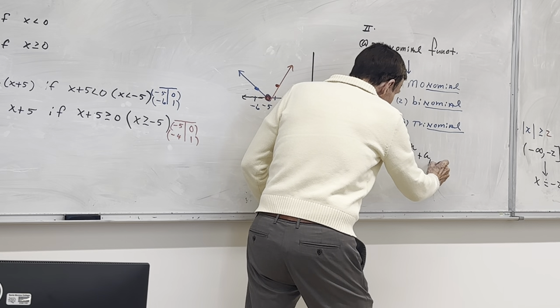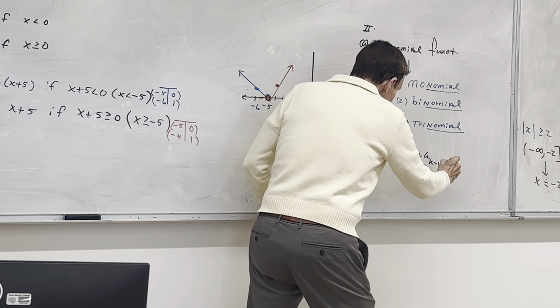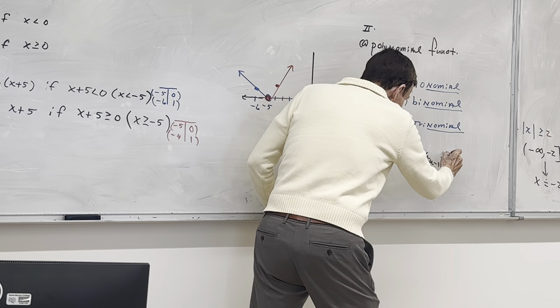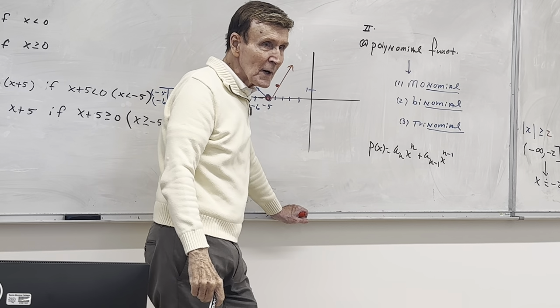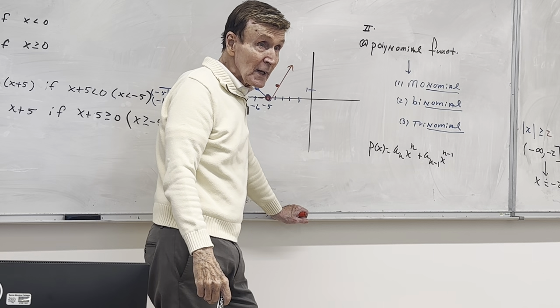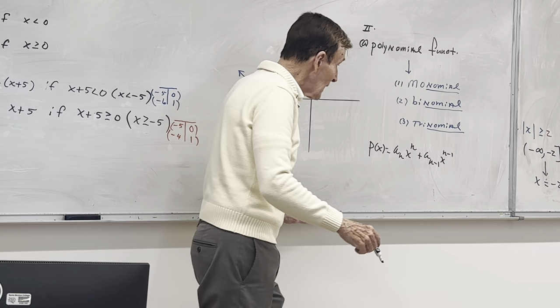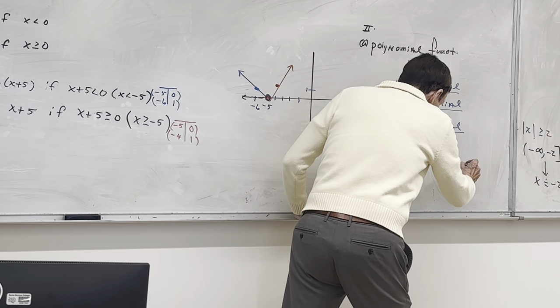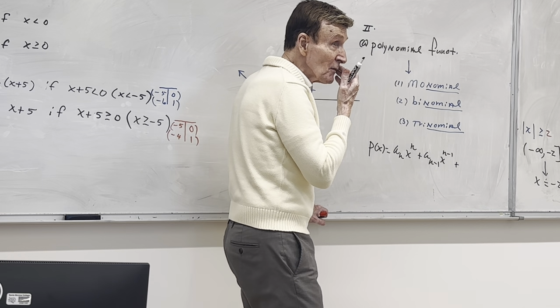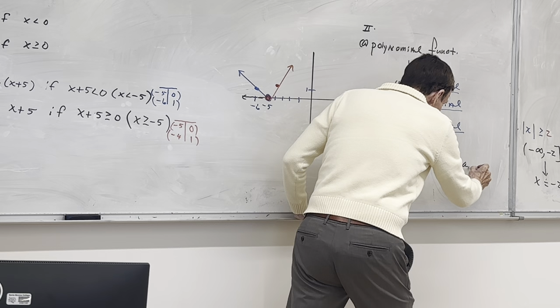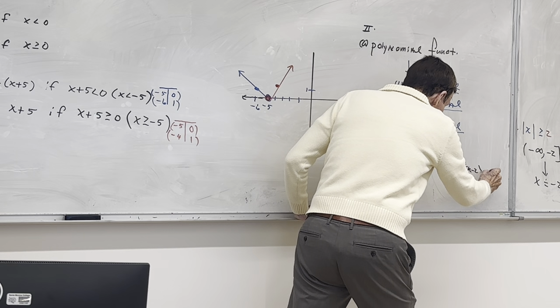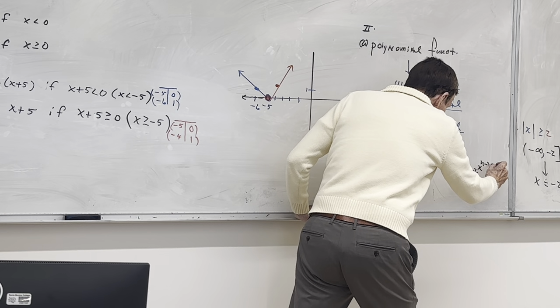a subscript n minus 1, x raised to n minus 1. Did I write another one out for you also? Did I write a subscript n minus 2? Right next to it, probably x raised to the n minus 2.